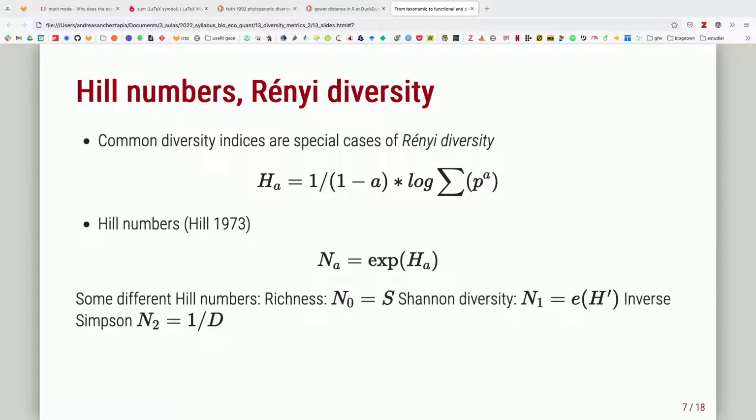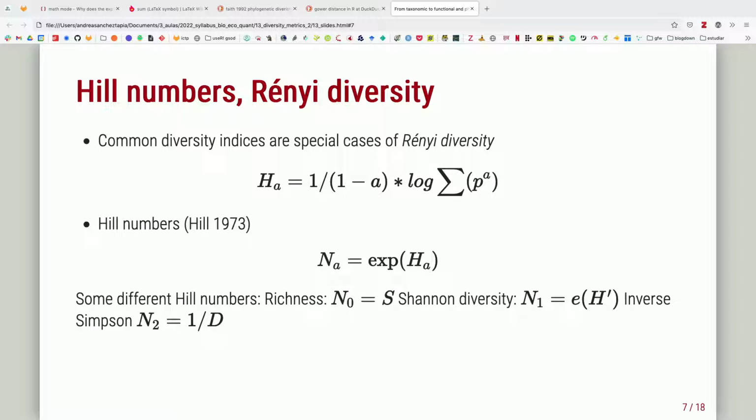I don't even know how to pronounce it. Renyi diversity, and Hill in 1973 unified the backgrounds, and he formalized it: some common diversity indexes are just special cases of Renyi diversity.